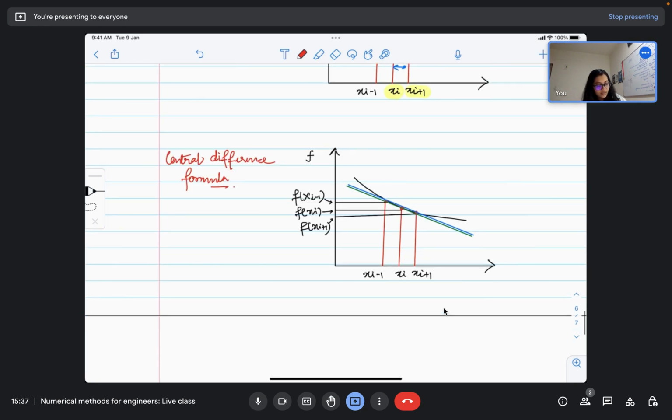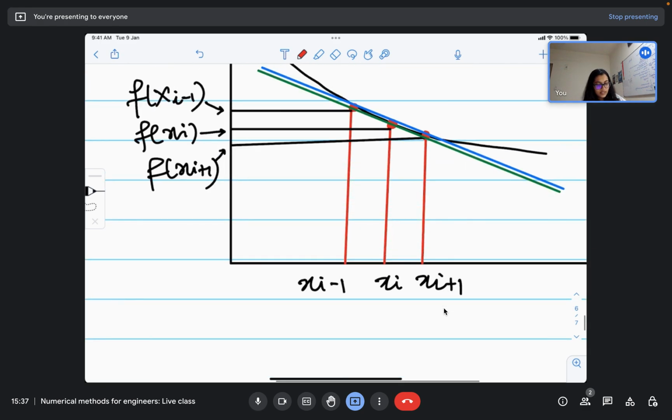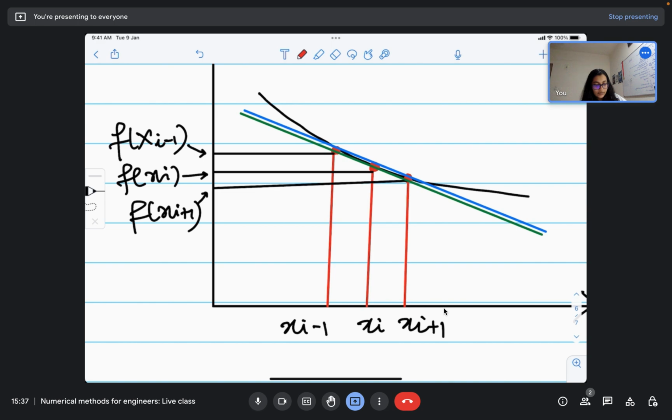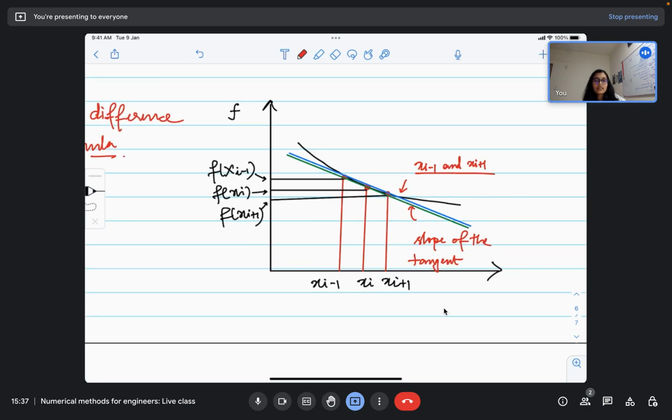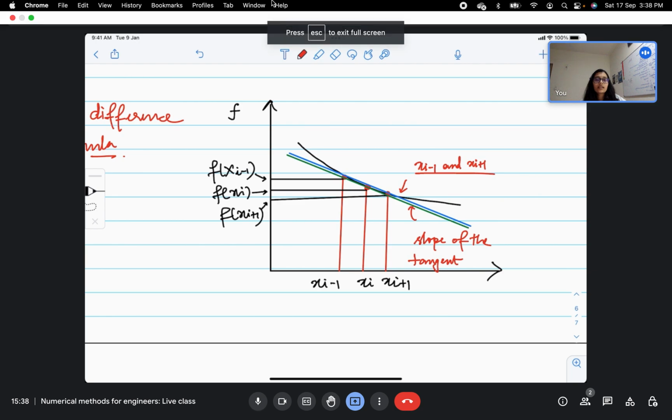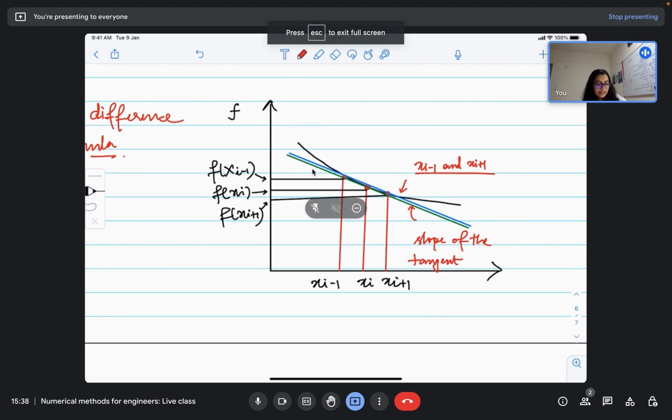Here the green line is the slope of the tangent, and the blue line is the line connecting the 2 points. Which 2 points? In this case, x_{i-1} and x_{i+1}. Even graphically it is possible to appreciate that these two lines are almost parallel to each other.